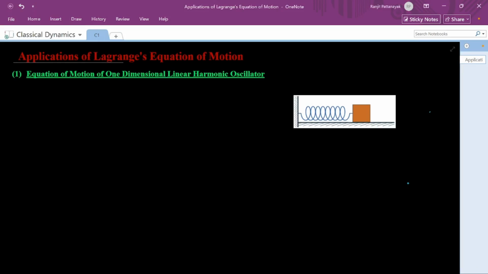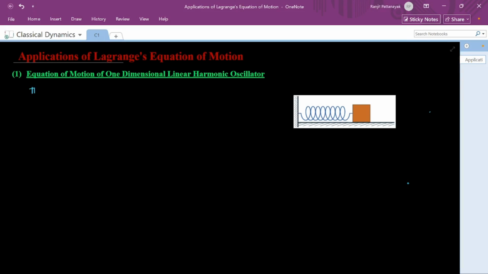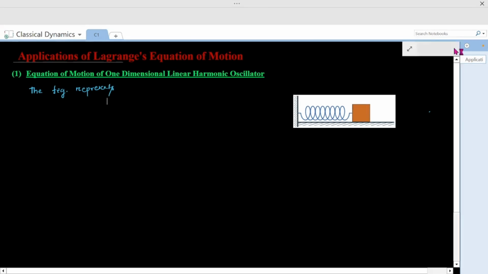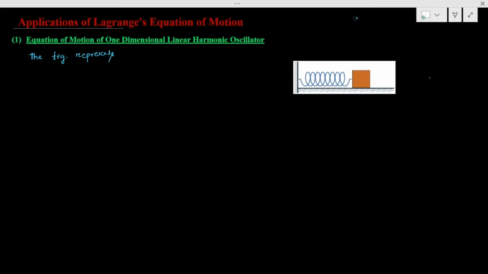So here this figure represents, I'm writing the notes for your exam only, the figure represents the 1D linear harmonic oscillator.